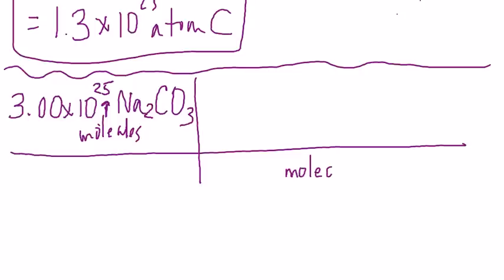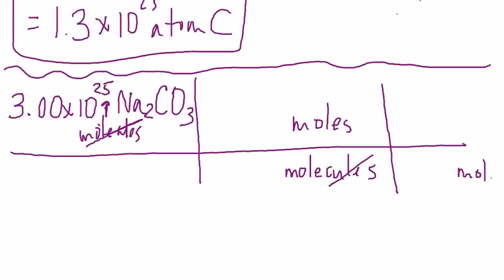We're going to cancel the units that we want to get rid of. We want molecules to cancel, and we convert the molecules to moles. And then we want moles to cancel, and we want to end with grams.